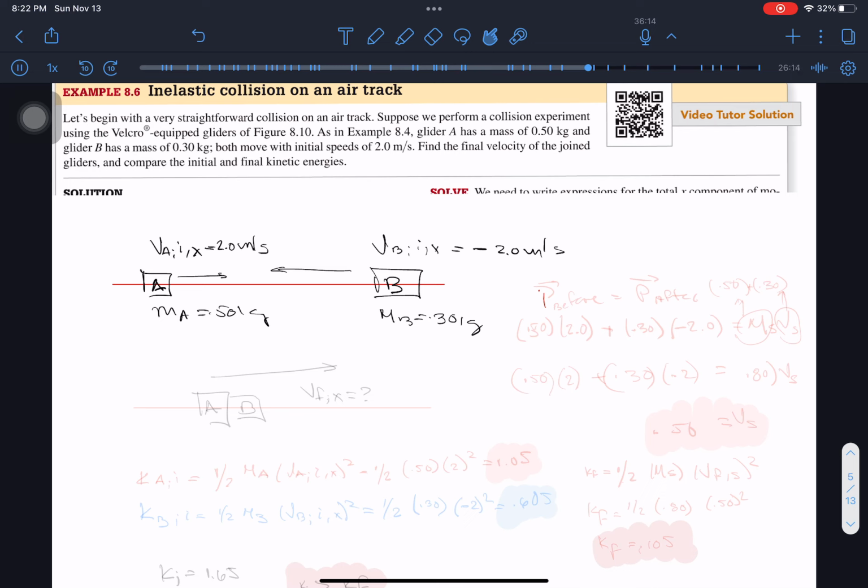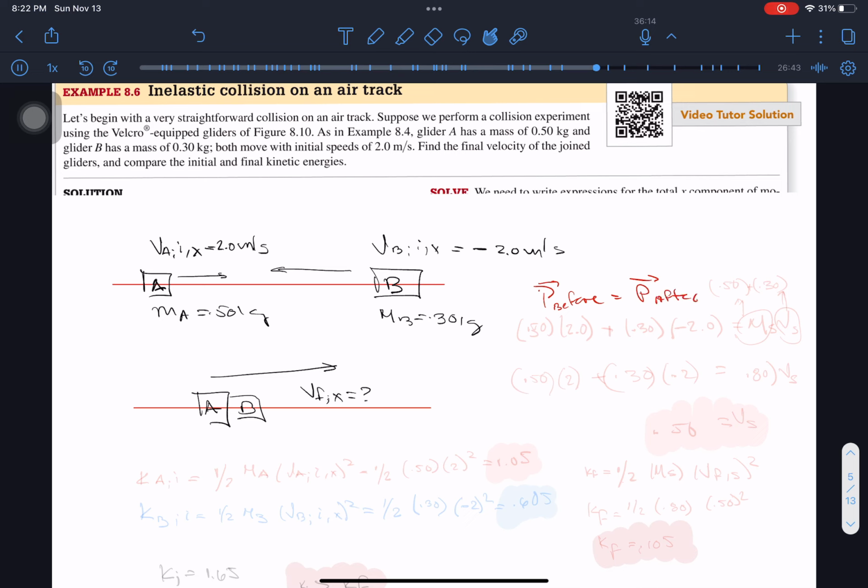So after they collide with each other, A and B are going to move at a final velocity, which we're supposed to find. Momentum before is going to be equal to the momentum after they collide.